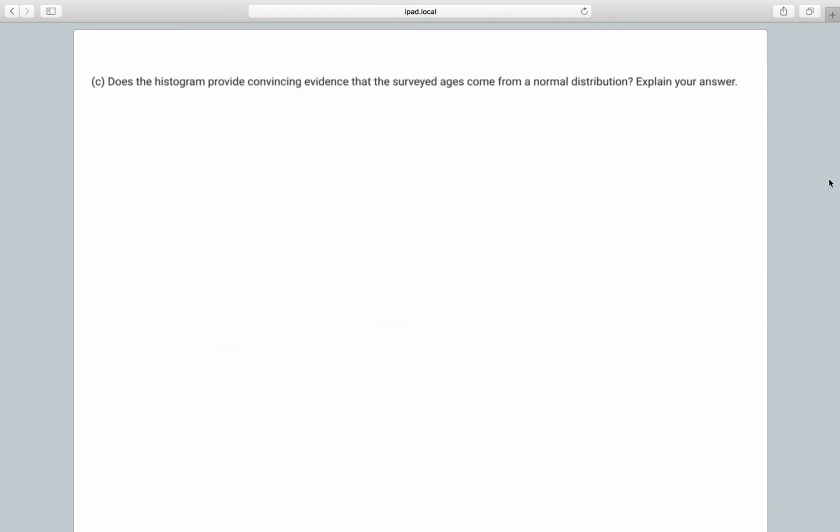All right, so next up, does the histogram provide convincing evidence that the surveyed ages come from a normal distribution? And explain your answer. So we're just going to say no. And we can state why. A normal distribution is symmetric and bell-shaped. I'm going to say unimodal and bell-shaped.